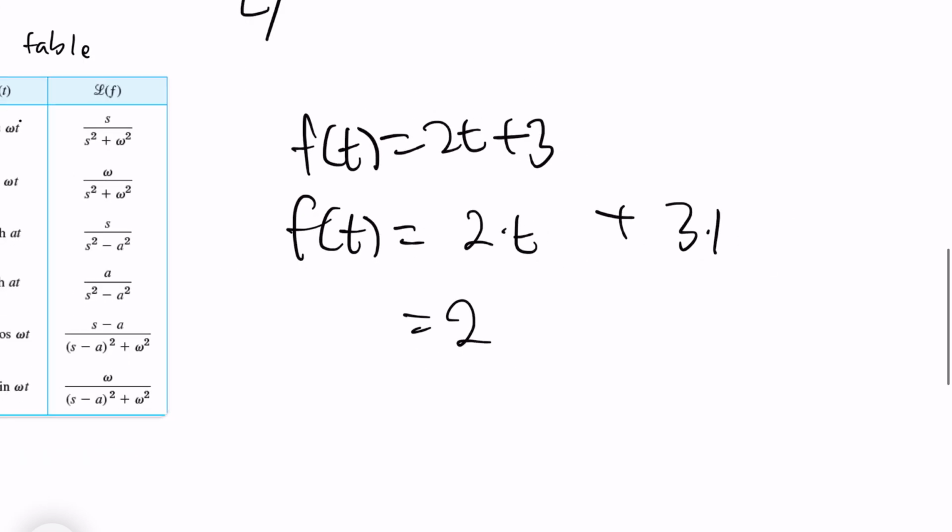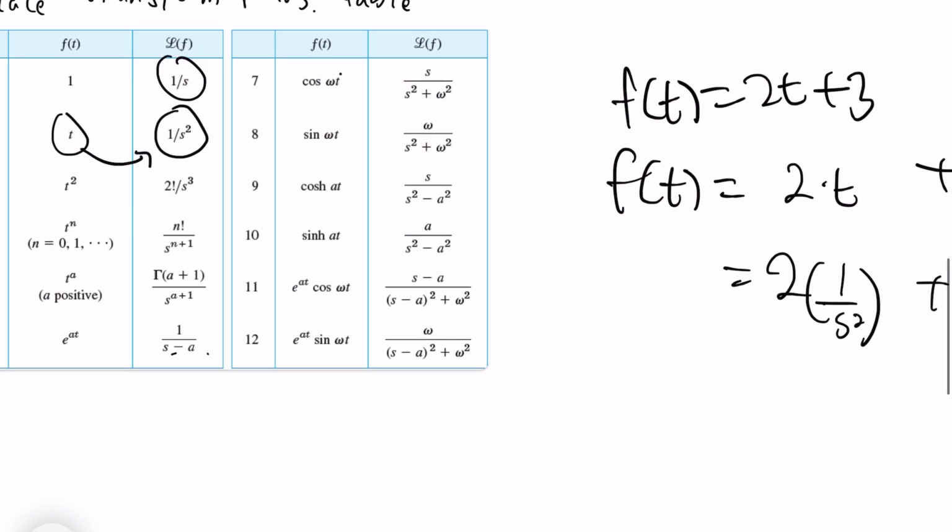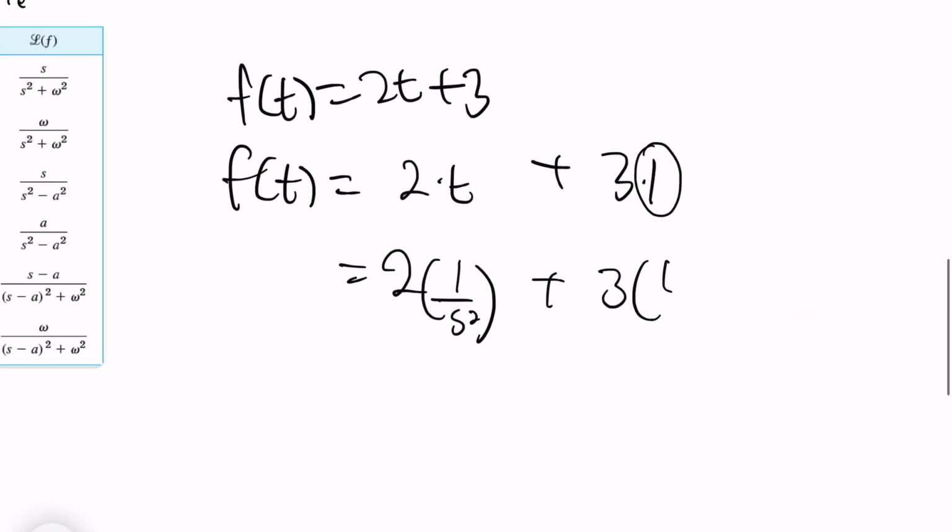So you can replace this t with 1 over s squared, and then plus 3 multiplied by 1. The Laplace transform of 1 is equal to 1 over s.